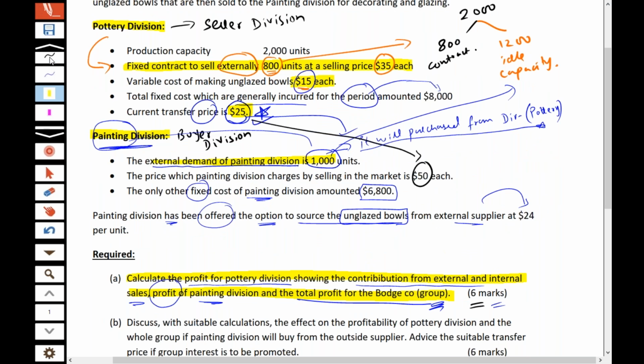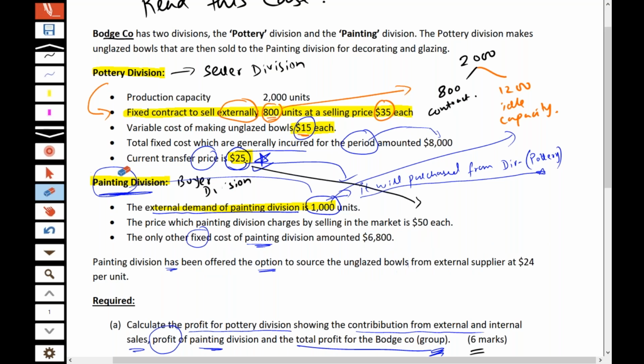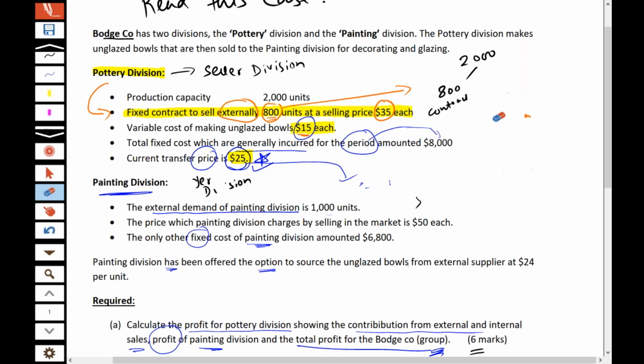Now, what is the thing? Calculate the profit for pottery division showing contribution from external and internal sales. All right. So students, I am removing all these markings, and we will now calculate the profit which is being asked here.